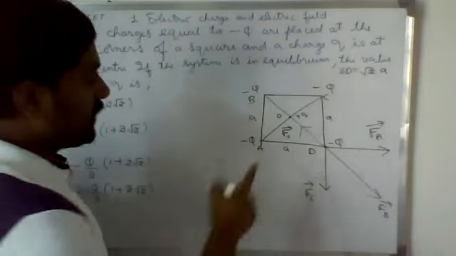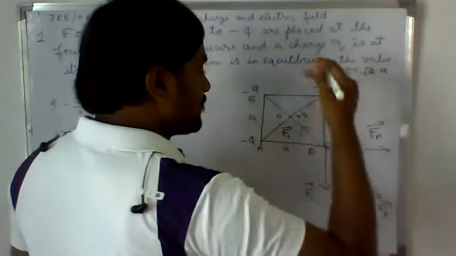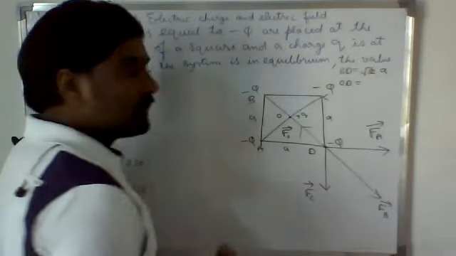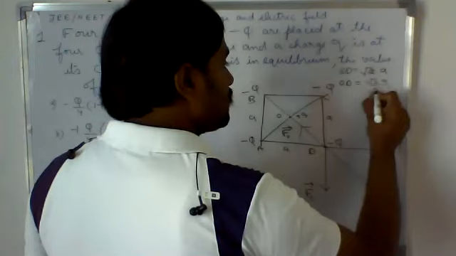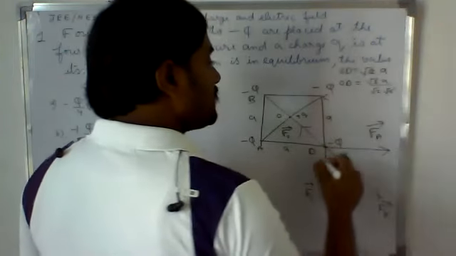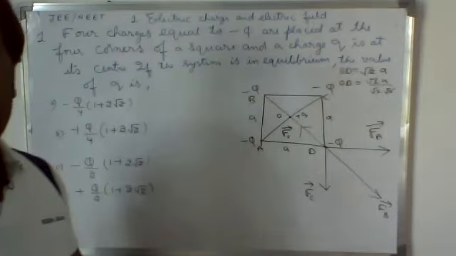Okay. After that, find the OD distance. That is very important. That is actually half of BD, right? So root 2a divided by 2; write 2 as root 2 into root 2, root 2 cancels. a by root 2 is the value of OD. Okay.